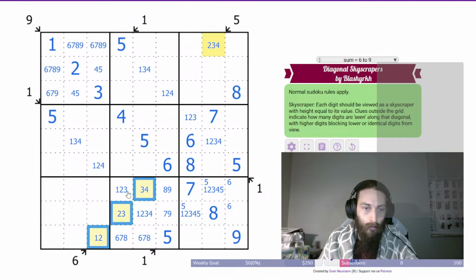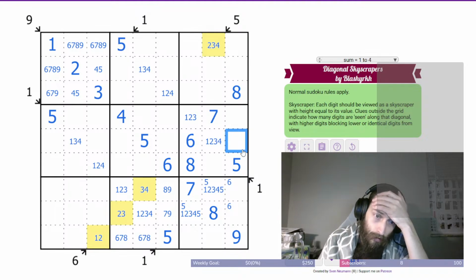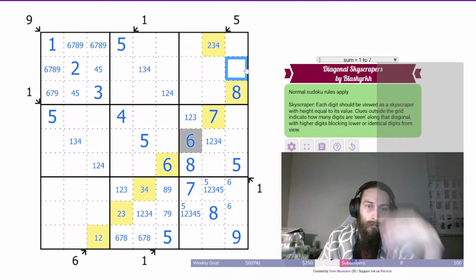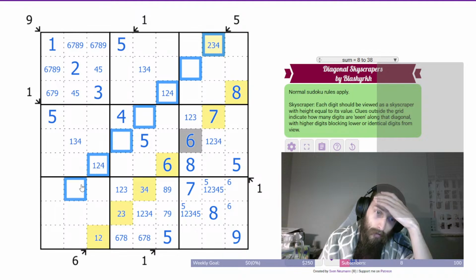I guess I do still need to make sure that all of those are in the correct orientation. Two, three, four, five, six, seven, 8.